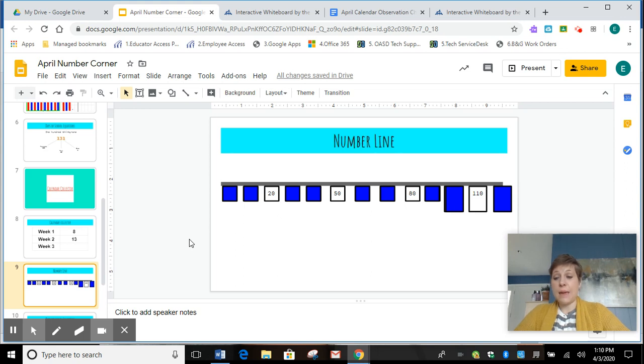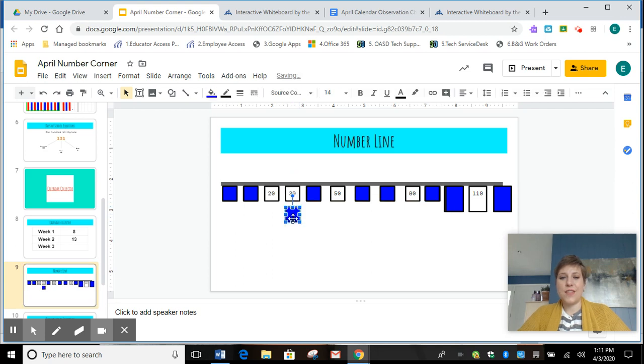Right now, friends, I'm going to ask you something and I want you to just shout out the answer. We'll reveal by moving these blue squares. What number is 10 more than 20? Remember, if I'm going more, it's getting bigger. 30. If I am at 80, what number is 10 less than 80? 70.